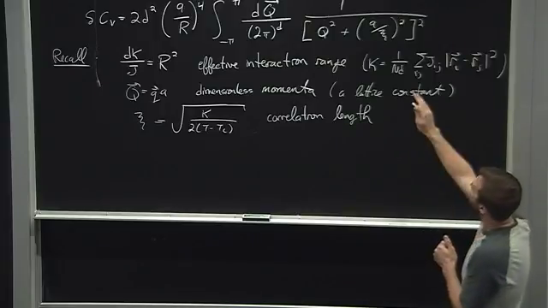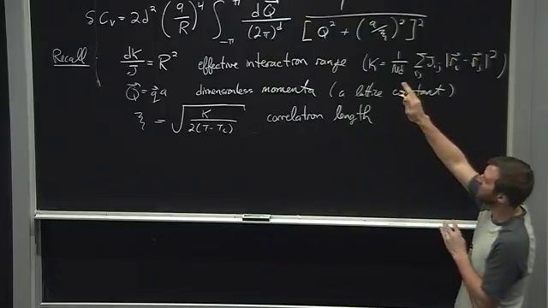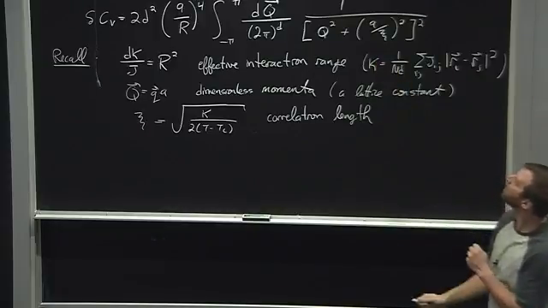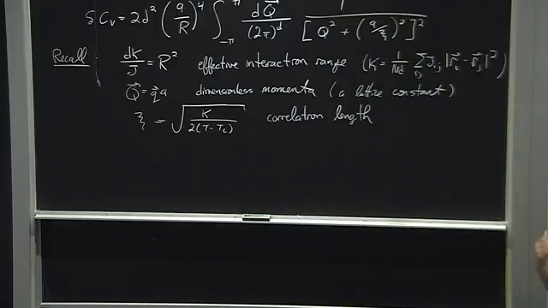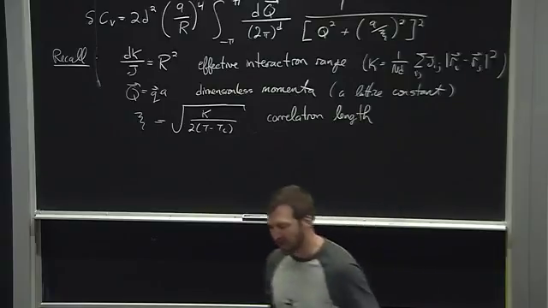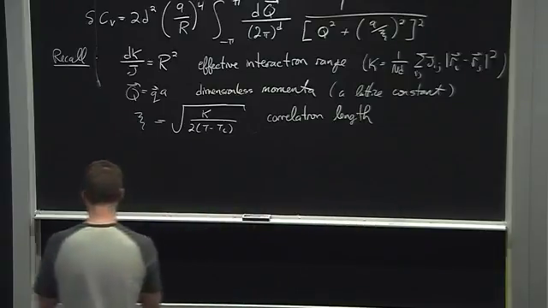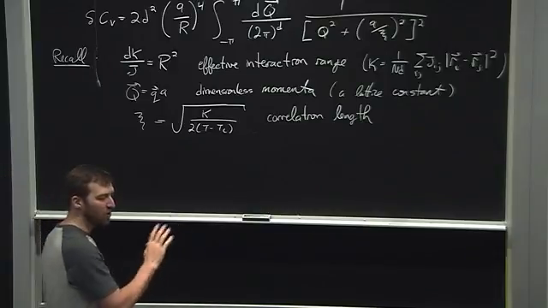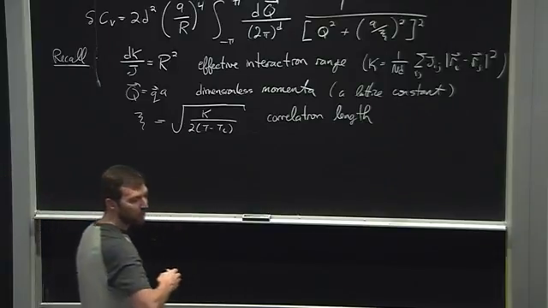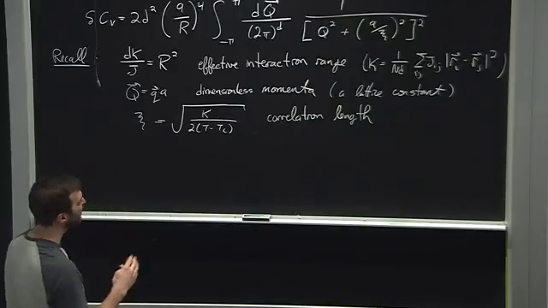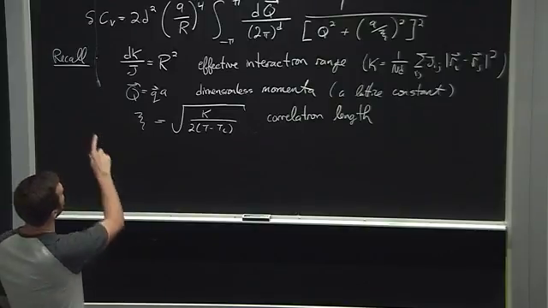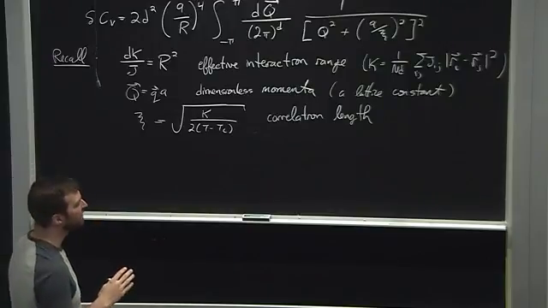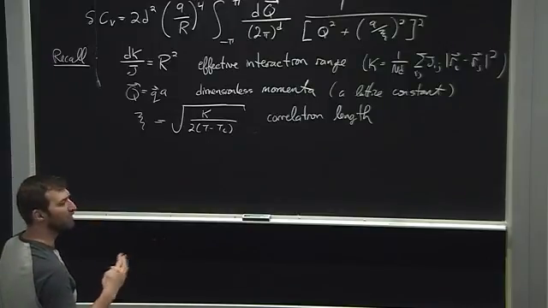So instead of what we did last time at t equals tc, where this part of the denominator disappeared, let's keep that in there and try to look at the behavior of that integral near d equals 4. And what came out last time was there's something special about d equals 4, and in this case it's called the upper critical dimension. So what we're trying to show here is that mean field theory is valid, or these fluctuations which cause the divergence we saw in some cases only occur for d less than 4.